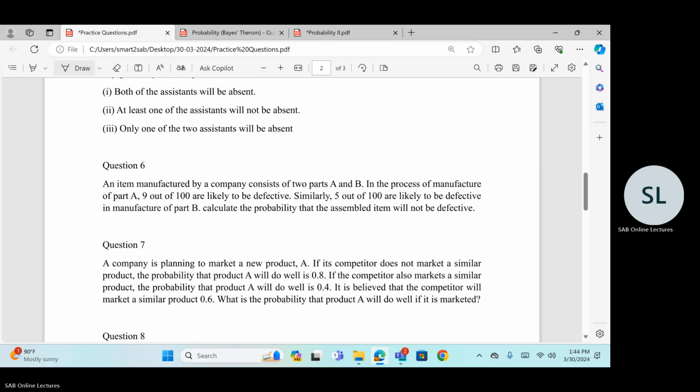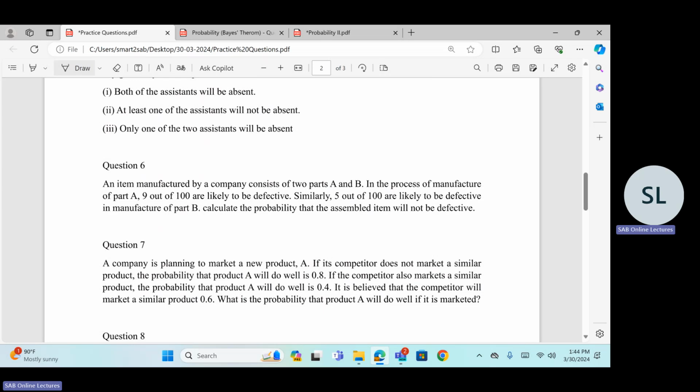Number 6. An item manufactured by a company consists of two parts A and B. In the process of manufacture of part A, 9 out of 100 are likely to be defective.